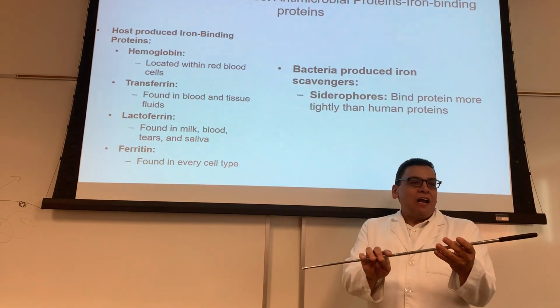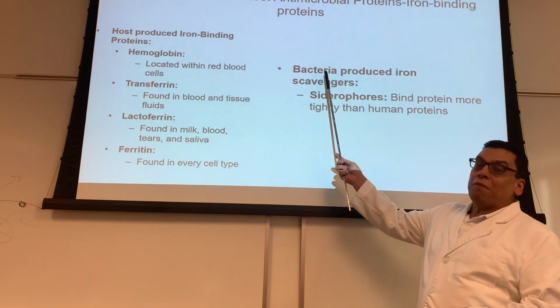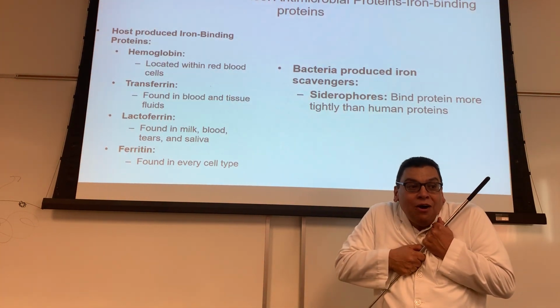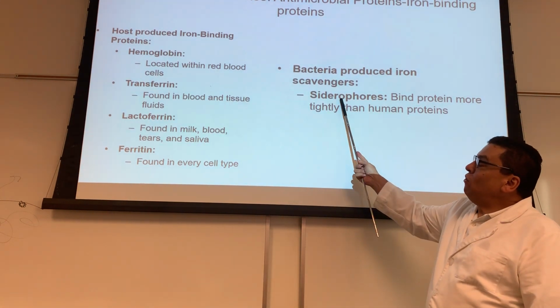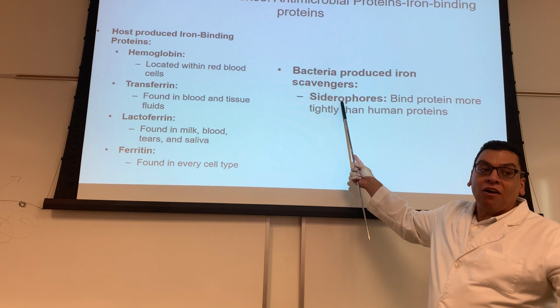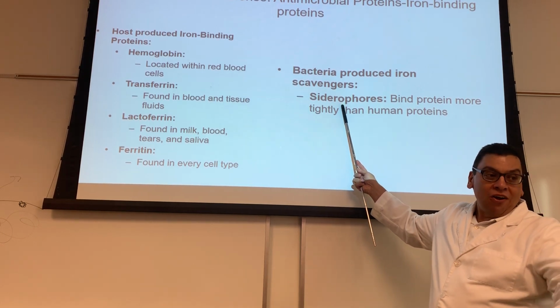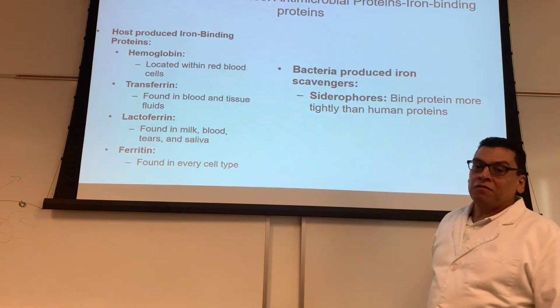So you might be holding the iron like this. The siderophores produced by bacteria are holding the iron like this, trying to get it now. You can't. So bacteria that produce siderophores to grab onto your iron more tightly than you can grab onto your own iron will survive. So now you'll have an infection.